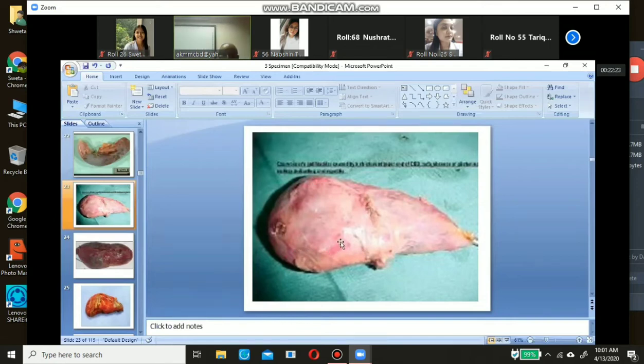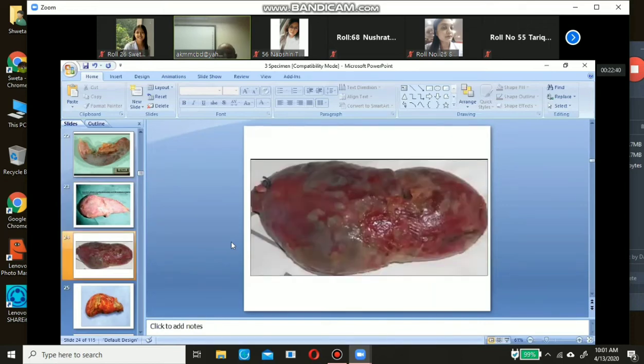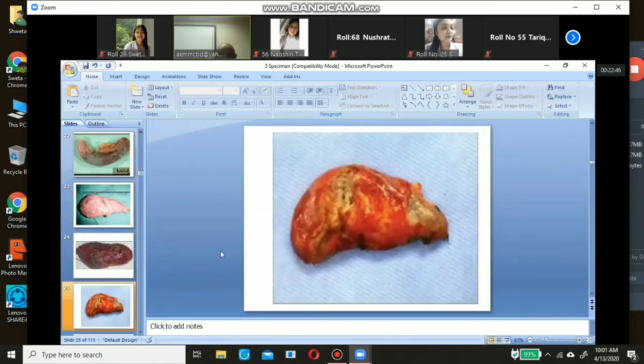And there is some whitish discharge on the wall of the gallbladder. This is empyema gallbladder. There is obvious pus within the gallbladder, empyema gallbladder.